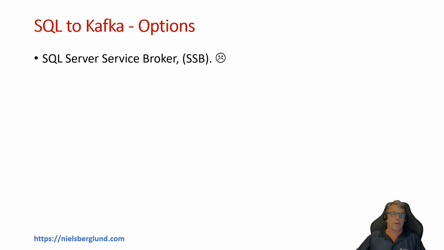So we have SQL Server Service Broker, SSB. Service Broker was introduced with SQL Server 2005, and it's basically a queuing system in SQL Server where we are pushing data into queues, and then we are consuming from those queues.